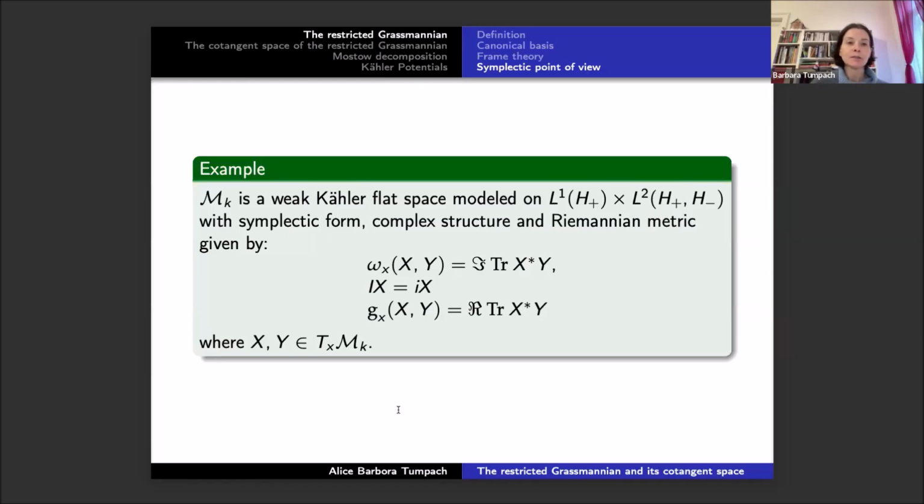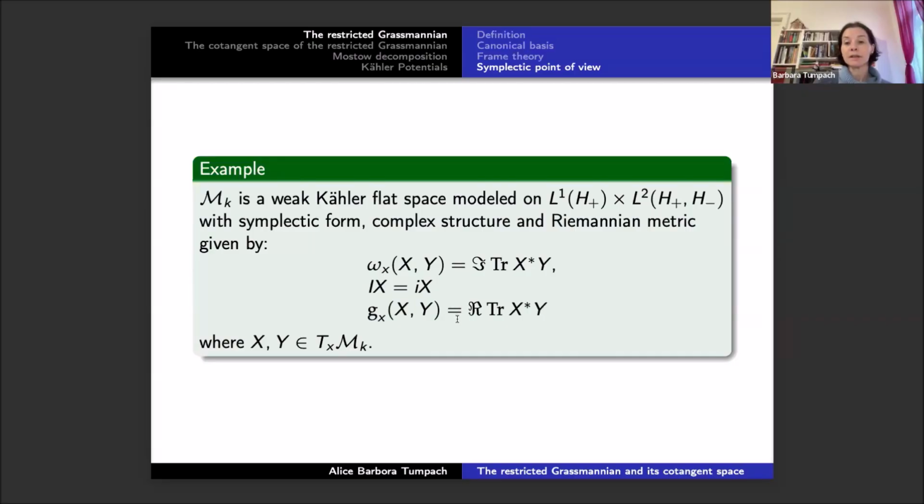So let me go back to my example. MK is a weak Kähler flat space. As I said, it is modeled on L1 times L2. And I already gave you the symplectic form, which is the imaginary part of the trace. The Riemannian structure is the real part of the trace. And the complex structure is simply multiplication by i.